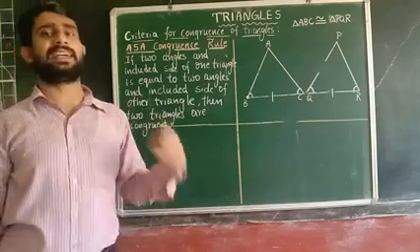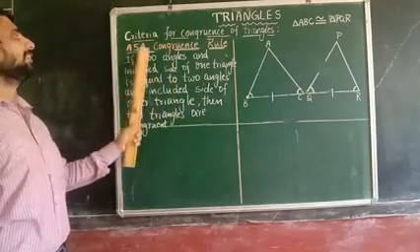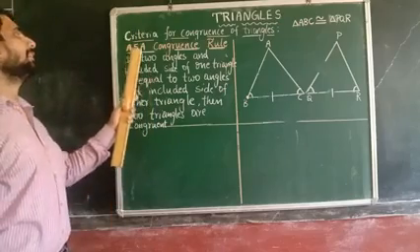Dear students, the second criteria for the congruence of triangles is the ASA congruence rule, angle side angle.